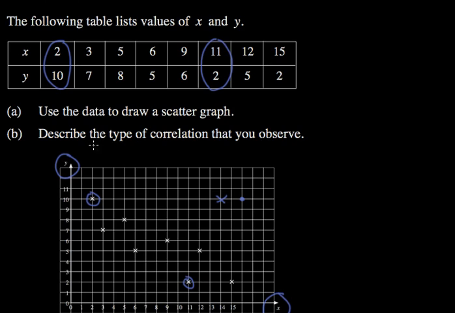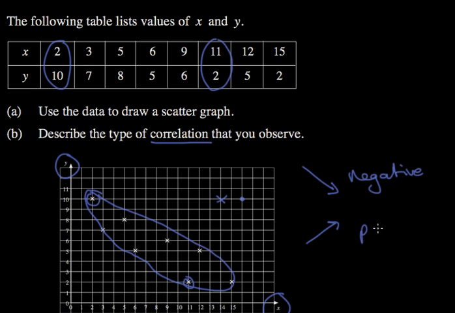And it's asking us then to describe the type of what's called correlation that you observe. So a correlation is to say, if I were to draw a big sausage around this, if the sausage goes down, it's called negative. It's a negative correlation if it goes down. If the sausage went up, it would be positive.